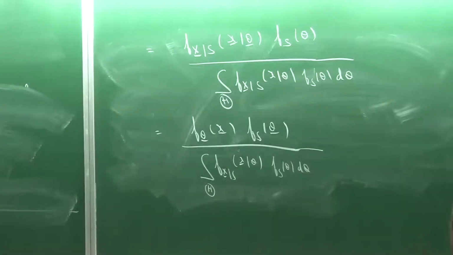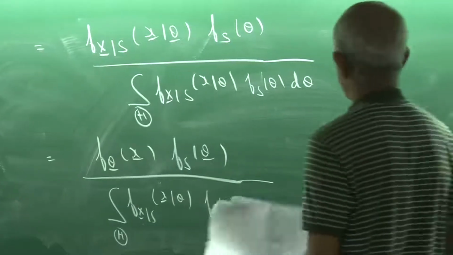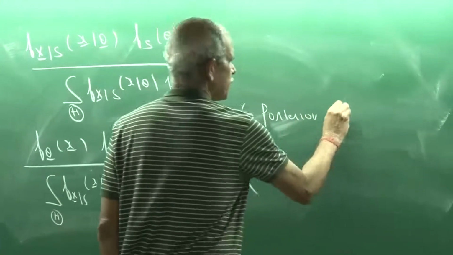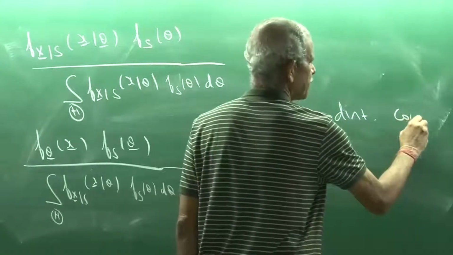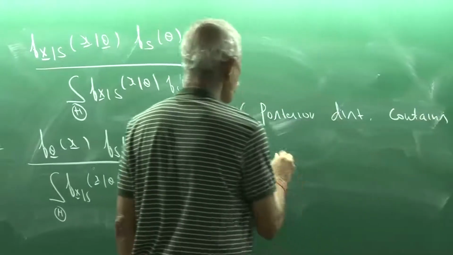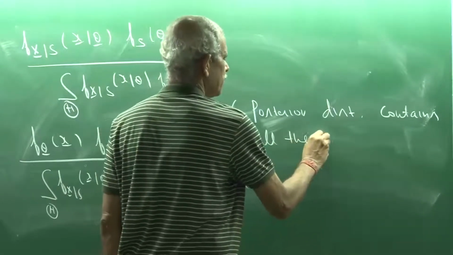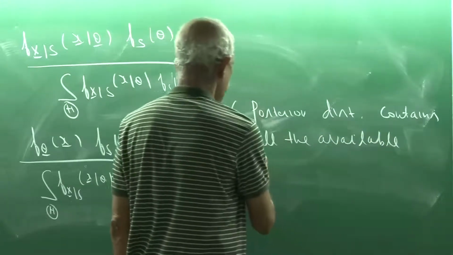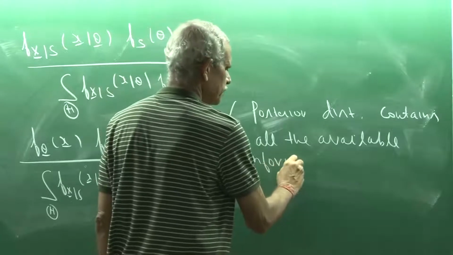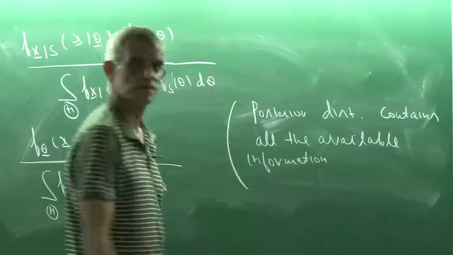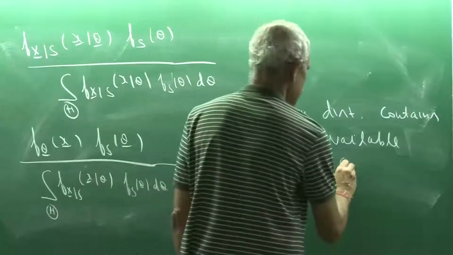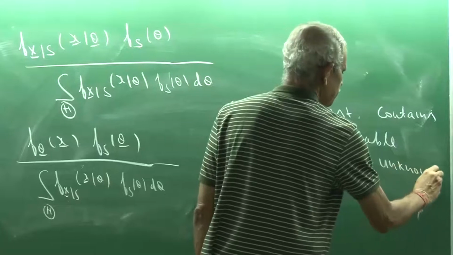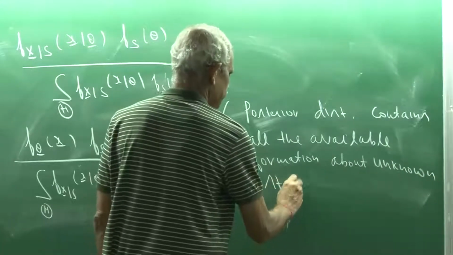So you can write down that this posterior distribution contains all the available information about the unknown state of nature.